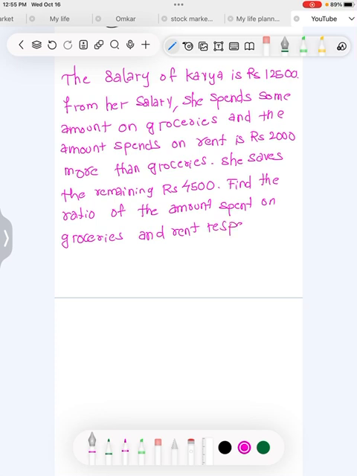So this is the question we have. Okay, and they have given the options in ratio actually, not even in the values. Okay, so let us solve this question.